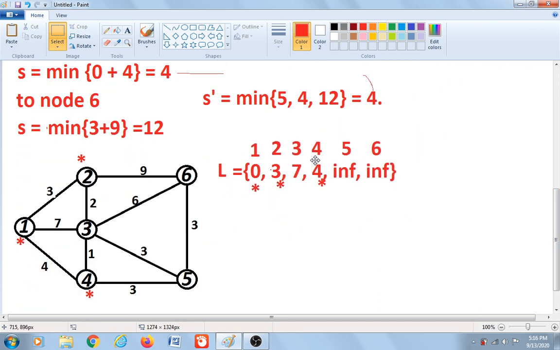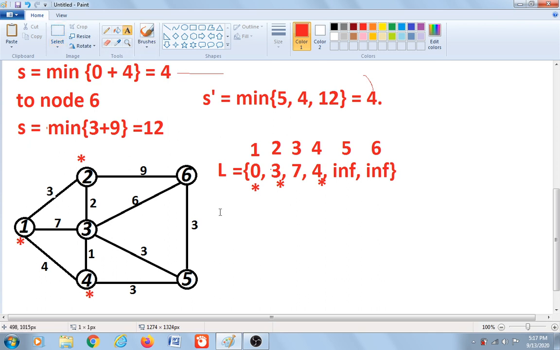Okay, now we already have labels for node 1, 2 and 4. Now we're gonna continue from nodes 1, 2 and 4. We can go to node number 3, number 5 and number 6.